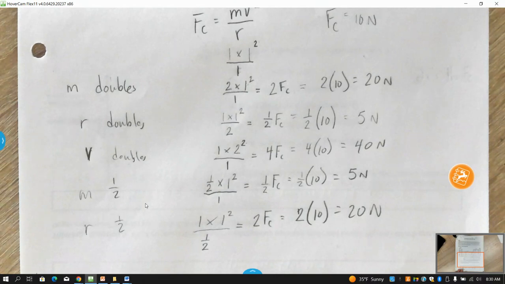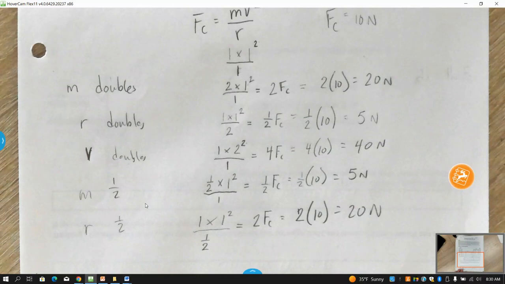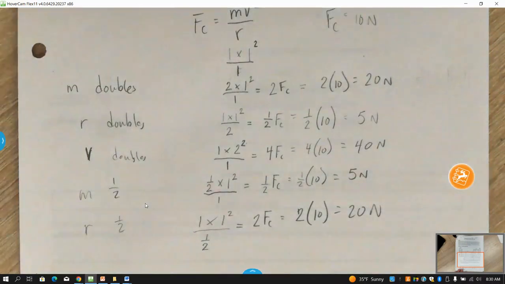This one actually has some other problems besides the conceptual problems like those.